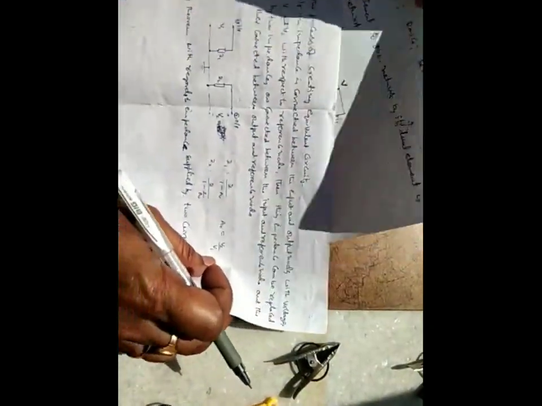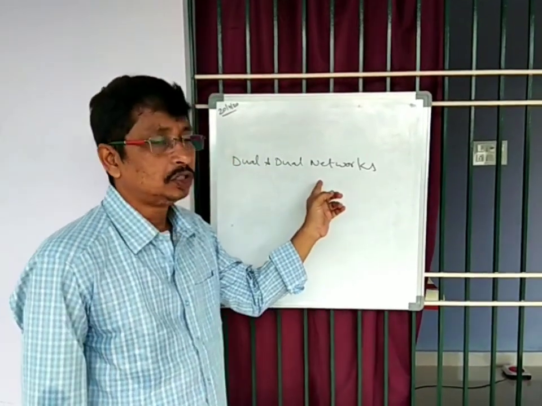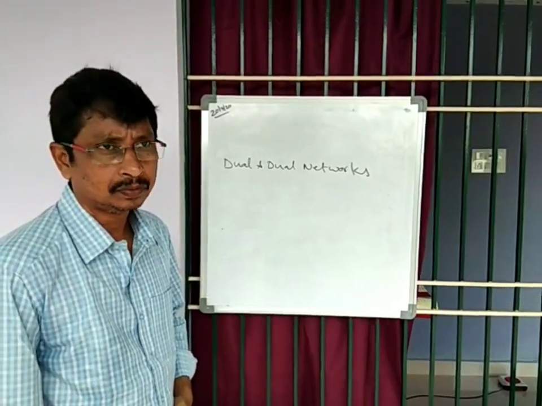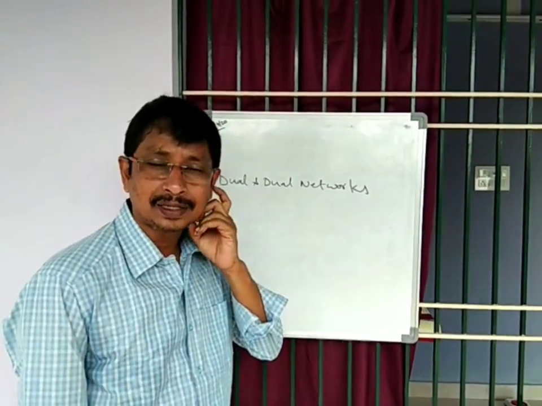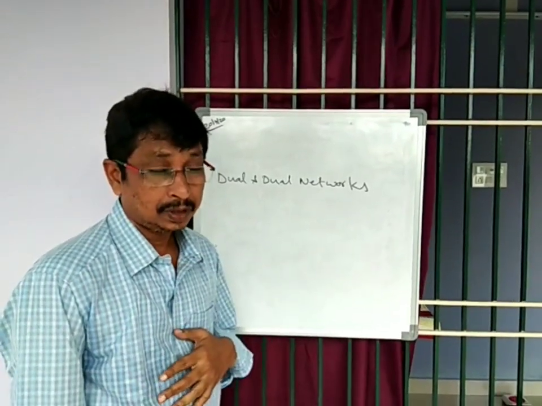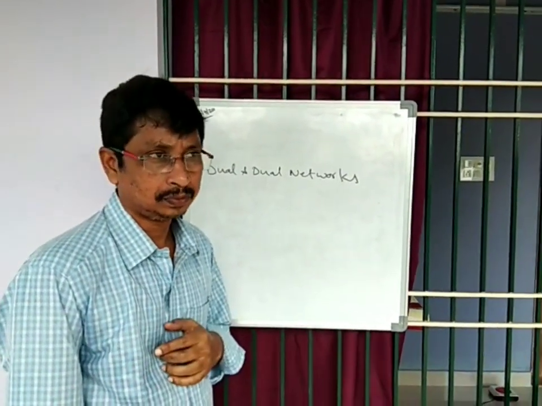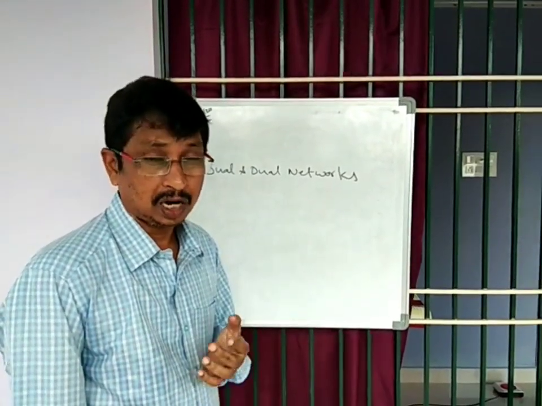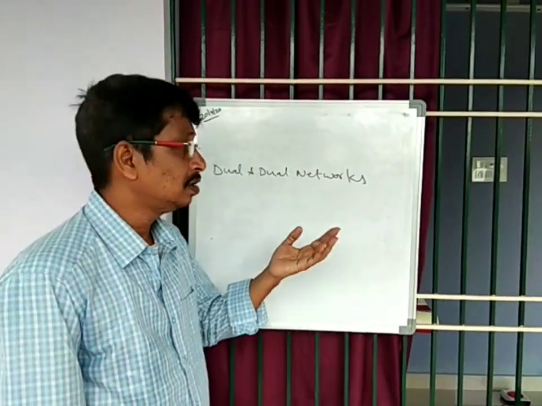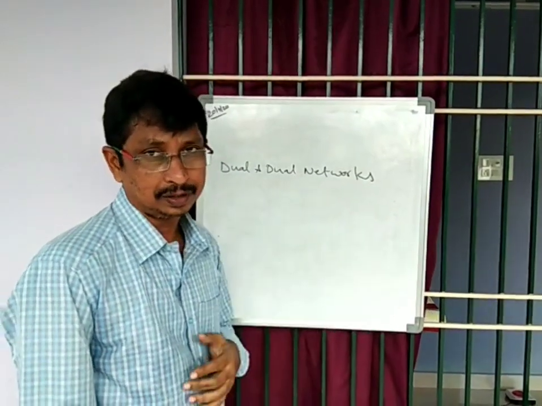Next, dual and dual networks. In electrical circuits, there are some pairs of terms that are dual. With knowledge of circuit analysis, you can easily find out the dual pairs.